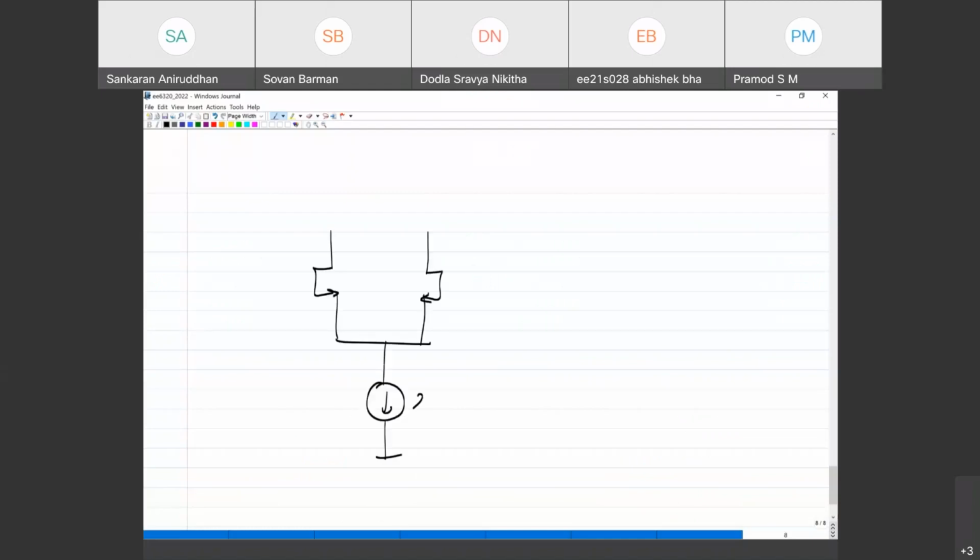I have a current 2 I naught. So I have V1, I have V2. V1 minus V2 is VID, and this current is IOD. I am plotting IOD versus VID.